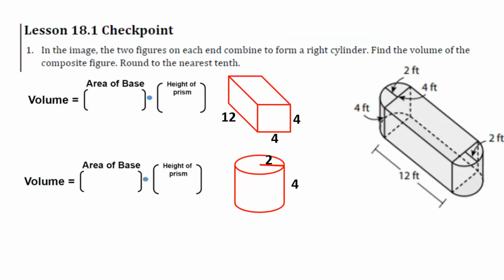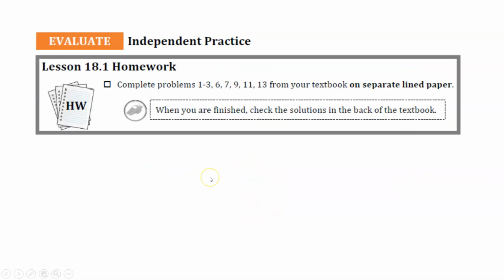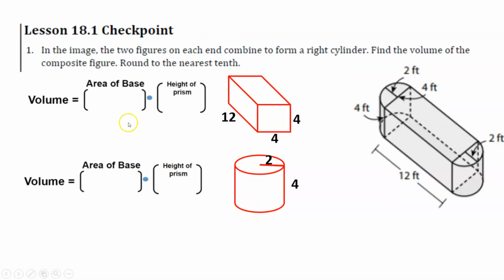And finally, checkpoint. Some students found it helpful to separate out both the prisms from each other. So I took this rectangular box out from the middle, and I pieced together both parts of this cylinder here, if it helps. Just note that I don't provide much more support other than that. I want to see if you're able to choose the right area for base, and if you're able to calculate the volumes on their own.